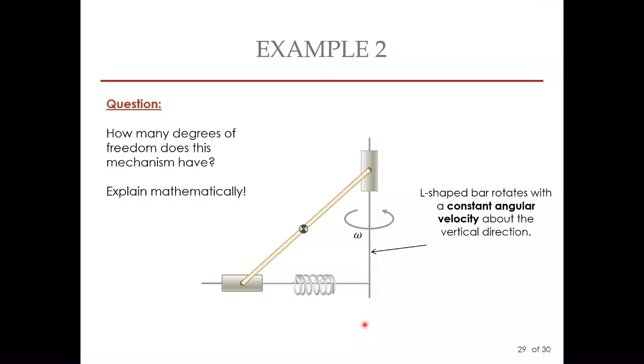And the answer is 1. 1 parameter, either this angle, or say this height. Choose some single parameter correctly. I mean, not every parameter is fine, but many parameters could be chosen for this task of representing the configuration of the entire system.